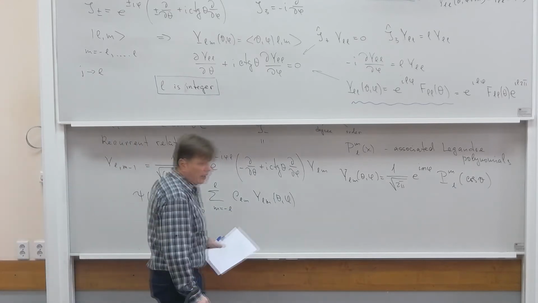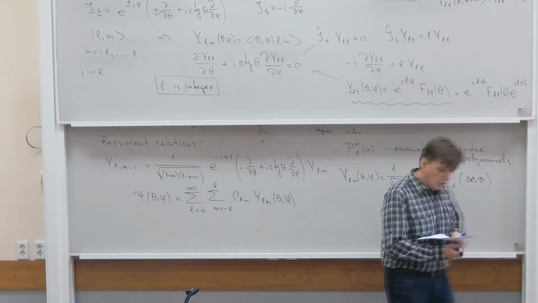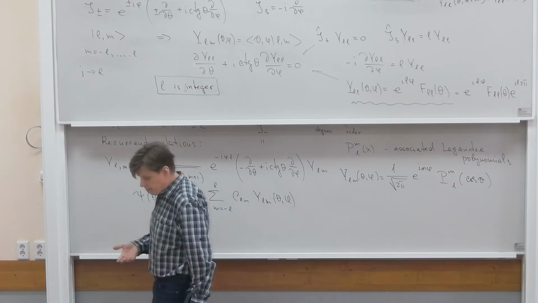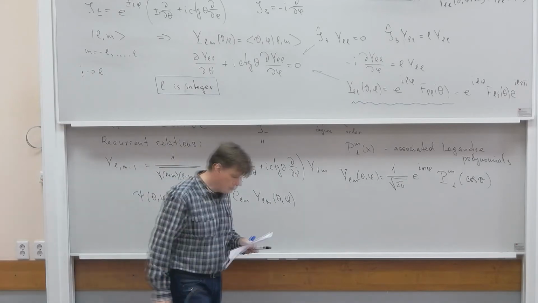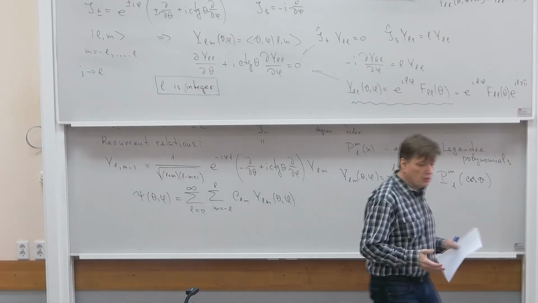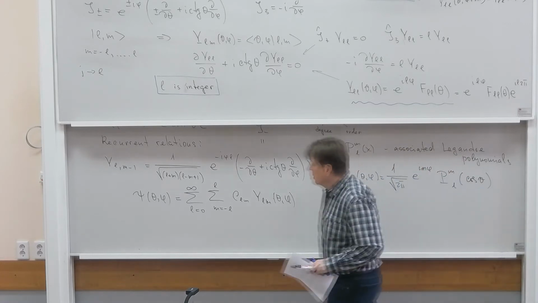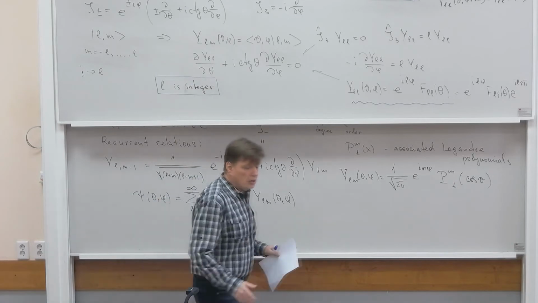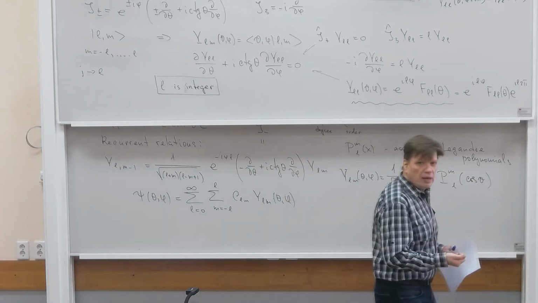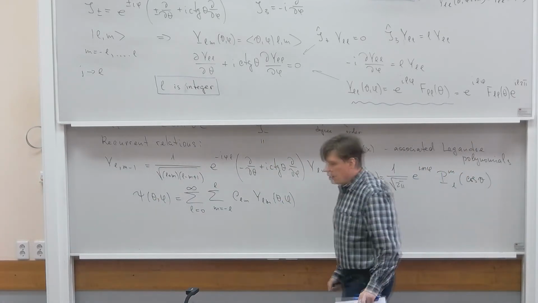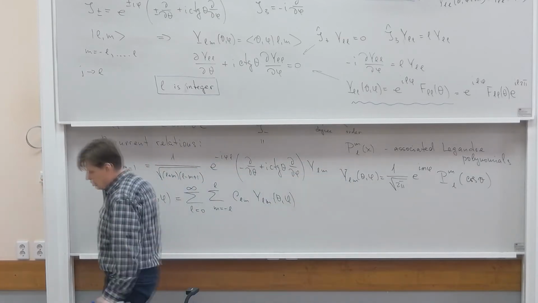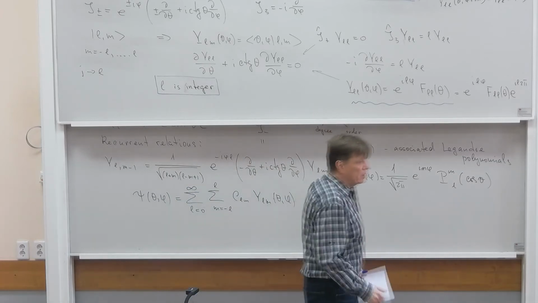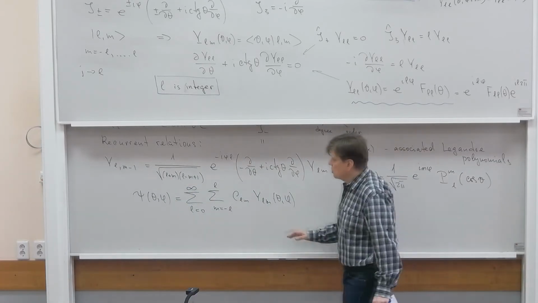On the other hand, we know that the square integrable functions on the sphere constitute the Hilbert space of states of our rigid rotor, because originally our rigid rotor is just a point mass moving on a sphere. So in coordinate representation, the space of states is just the space of square integrable functions on the sphere.